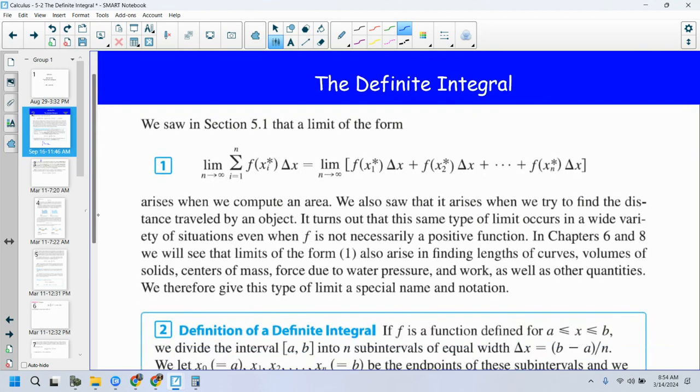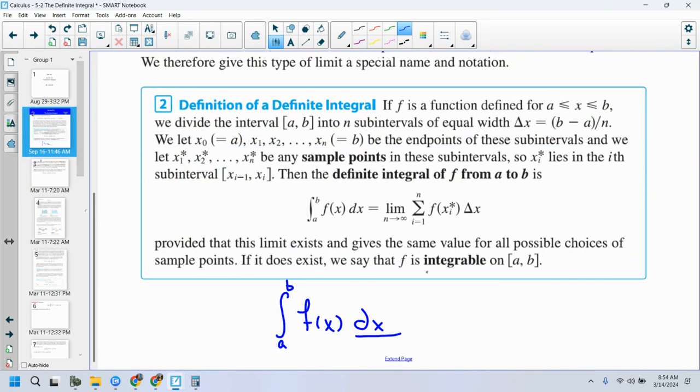And I should have said this too, you can call functions integrable. I don't know where the emphasis is, what syllable. It doesn't sound right.